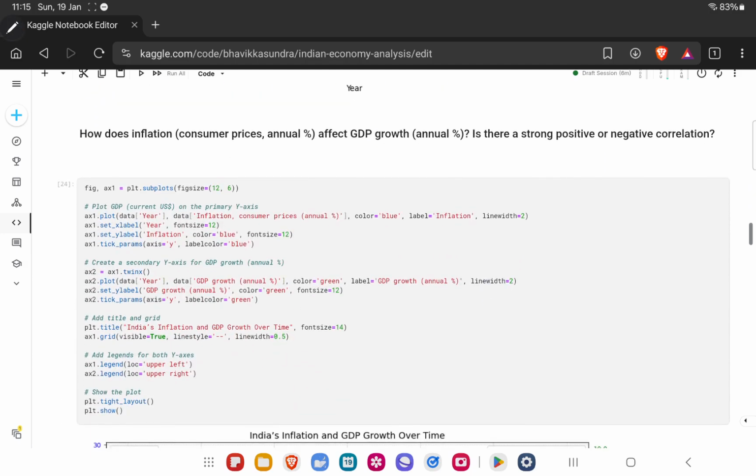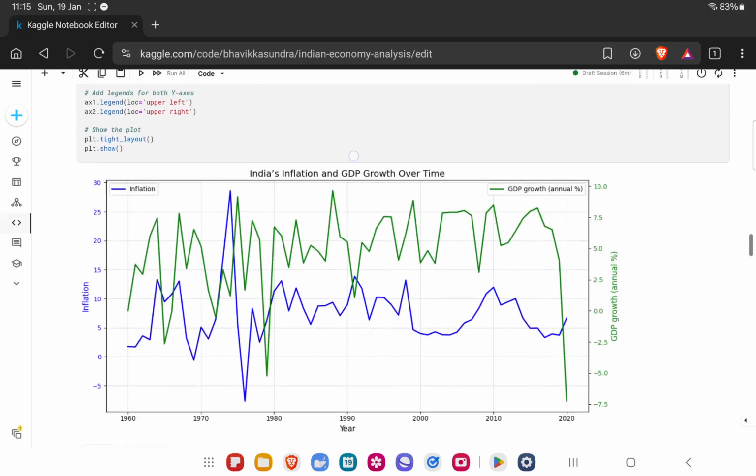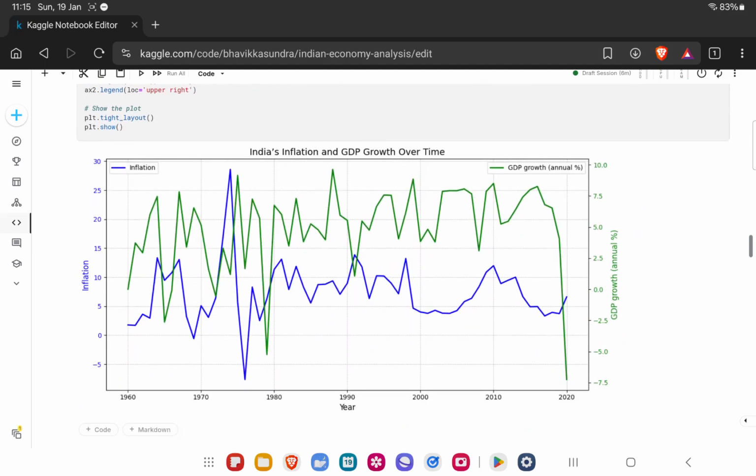How does inflation, meaning consumer prices, affect GDP growth? Is there any strong positive or negative correlation? For that we plotted this graph, in which the blue line is inflation and the green line is GDP growth. The GDP growth has sudden peaks here and here.